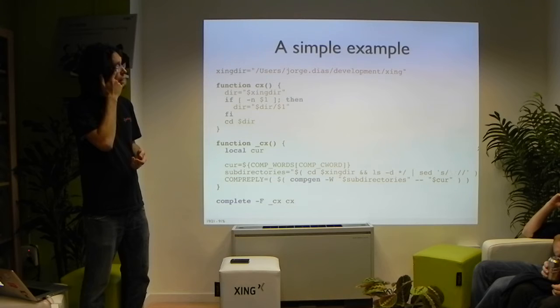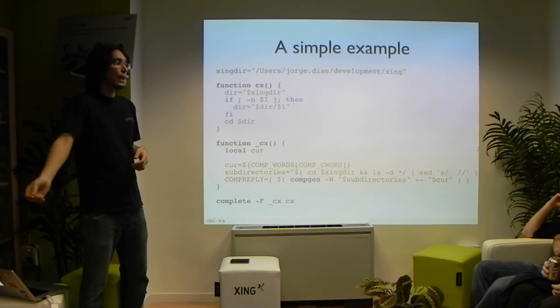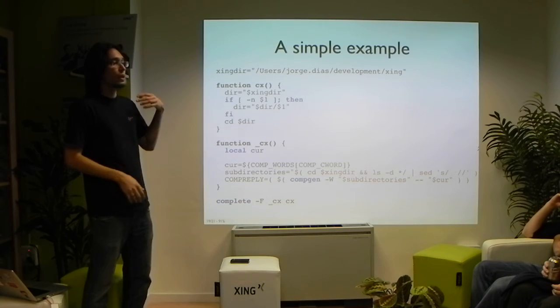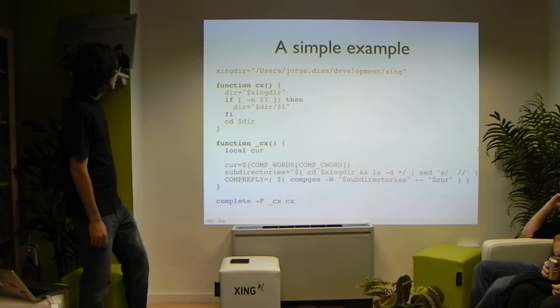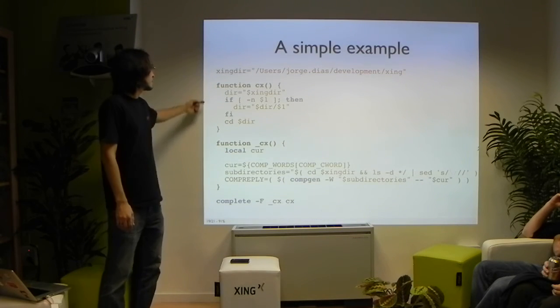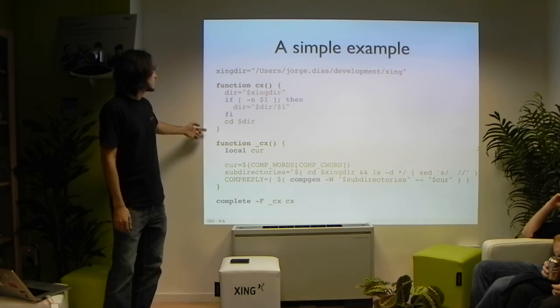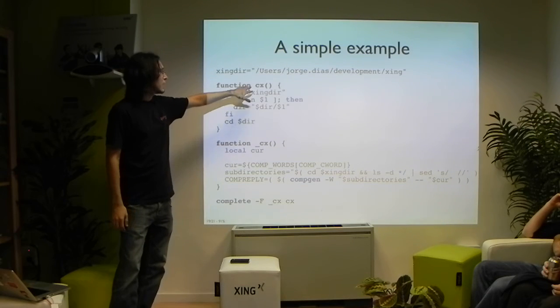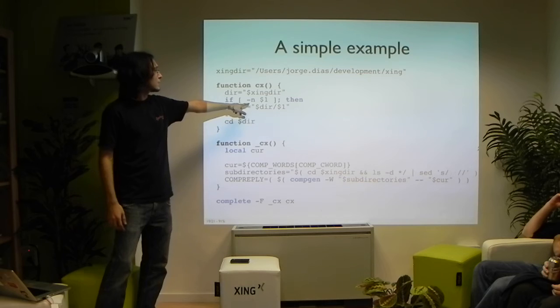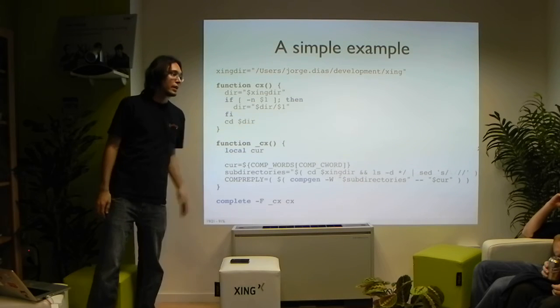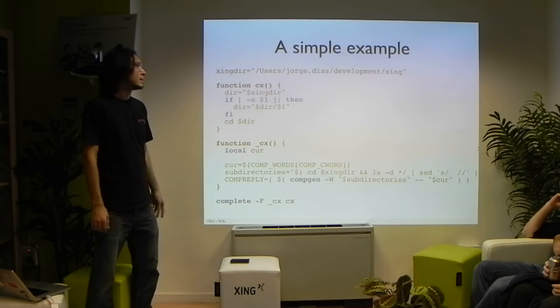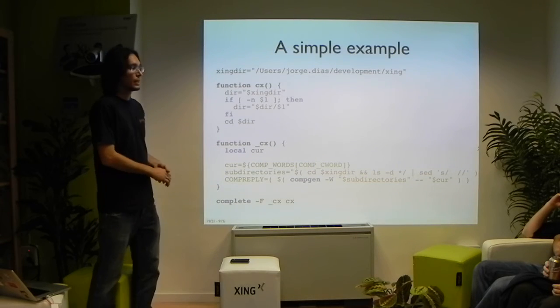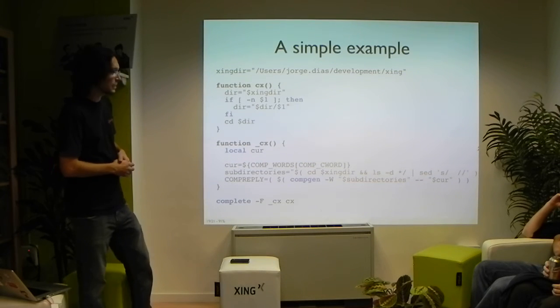I like, when I'm in any place of the prompt, to be able to go easily there without having to type the whole path to the project. So the first thing I did is this function called cx. What it does is, cx and then whatever I pass as the first argument, it will take me to that directory. If I don't put anything, then it will take me to that. And then it was all good, and I liked it, yes?